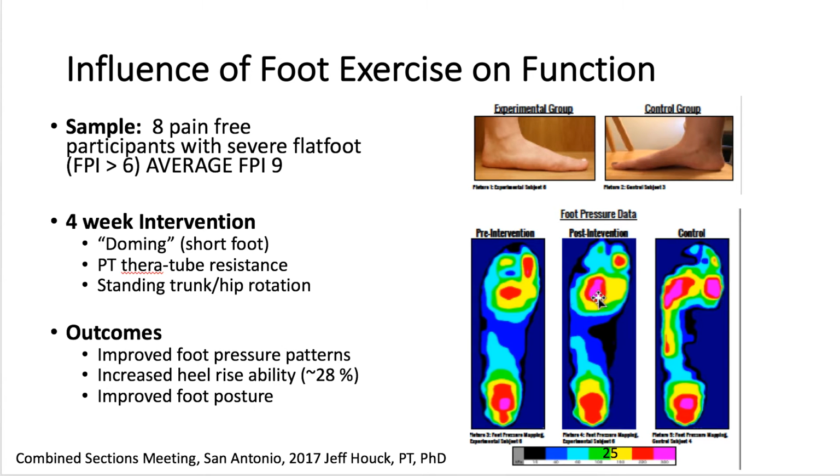So this is significant improvement in foot function during a dynamic test like walking, in addition to the increased number of heel rises that was significant, even though the participants did no calf work, which is impressive. The average number of reps that increased in heel rise across the 8 participants was 8, suggesting that the improvement in heel rise ability was not trivial.